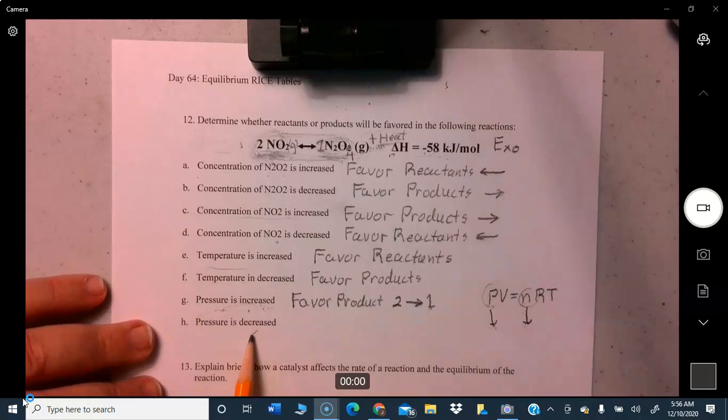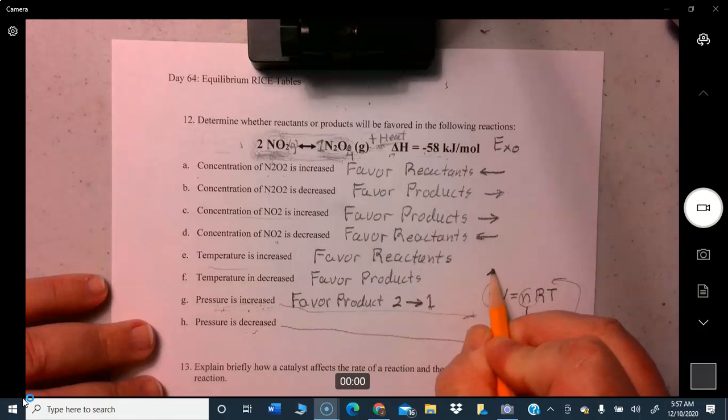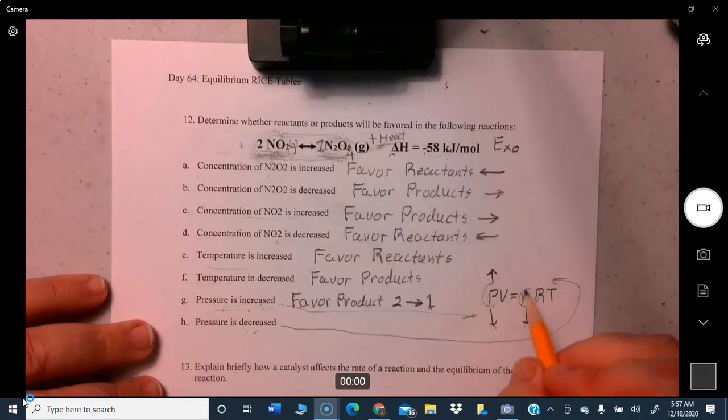Okay, pressure's decreased. The opposite situation. You've decreased the pressure. Now it wants to get back up to equilibrium pressure. So let's be sure we know which problem we're talking about. This one is this. This one is this. So it wants to increase the pressure. And the way the reaction can do that without you doing anything else is it can increase the number of moles.